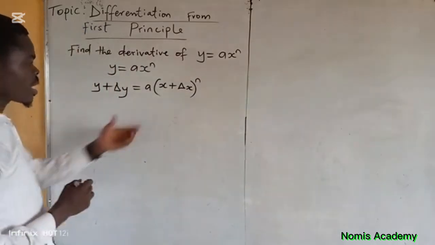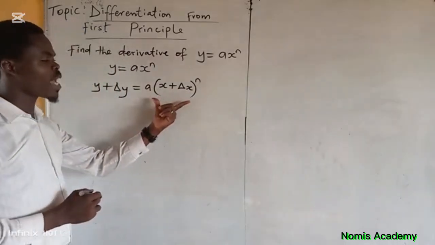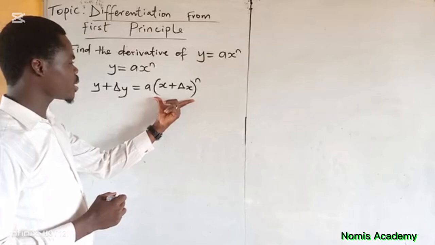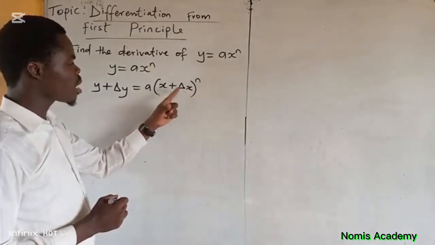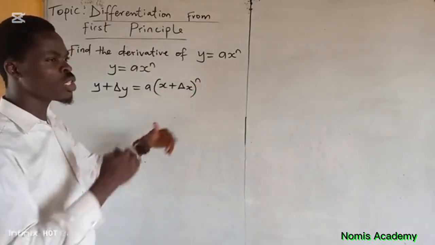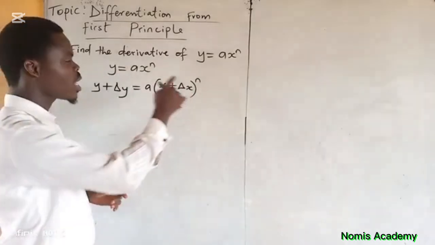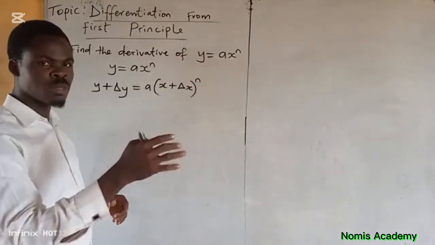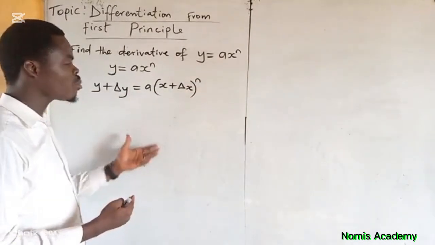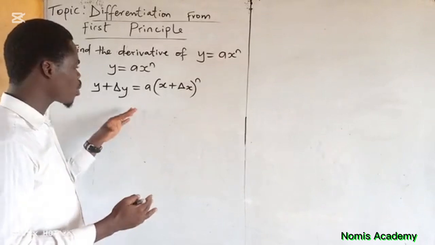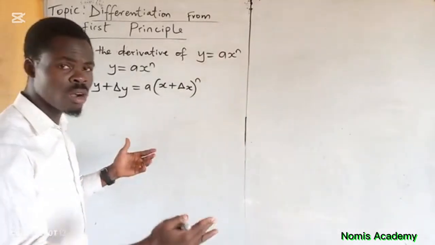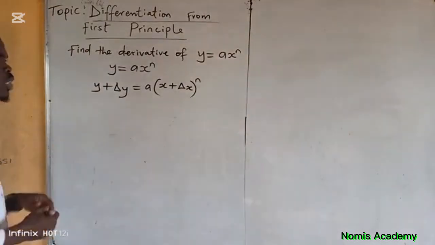Alright, the next thing we need to do is to expand the bracket, and the power is n, so we are going to expand to the powers of n. That will be possible using binomial expansion, so we are going to employ the idea of binomial expansion.